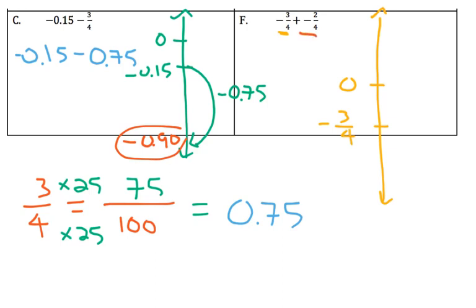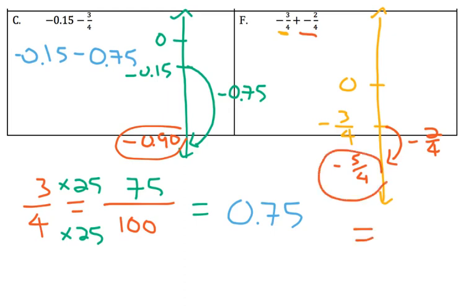And then plus negative 2 fourths, that's the same as adding weight to the house. So if we're below sea level and we add weight, we're just going to go deeper down. So really, this problem is going down 2 fourths. And if we're at negative 3 fourths and we go down 2 fourths, you should end up at negative 5 fourths because you're getting farther away from 0.